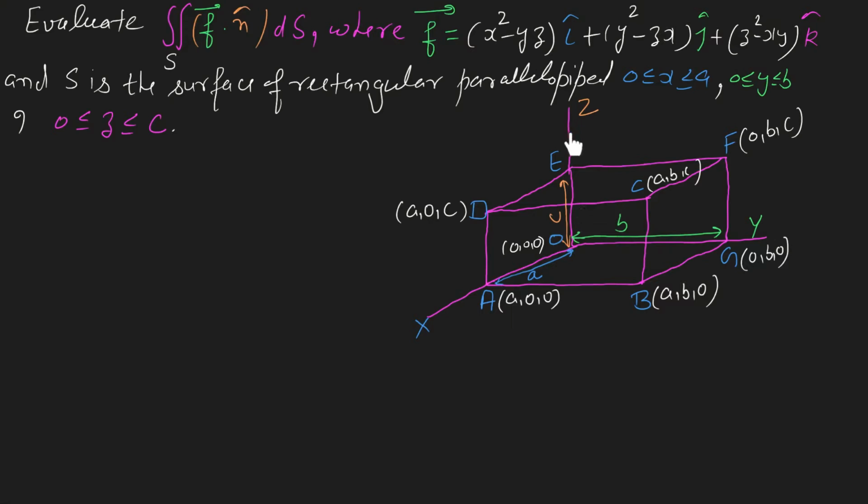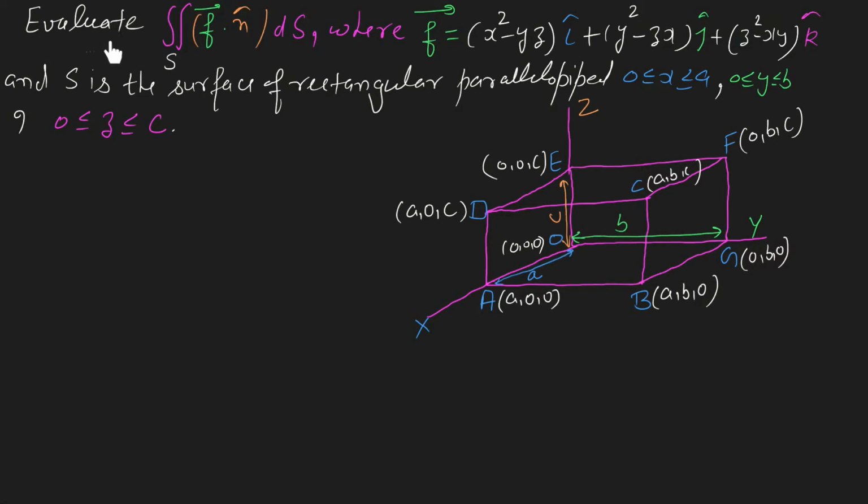E is on the z-axis, so its coordinates will be 0, 0, c. Now I think every point has been covered. These are the coordinates of the 8 points, and there are 6 faces: this one, the one at the back, the sides, and the top. So now come back to the problem.